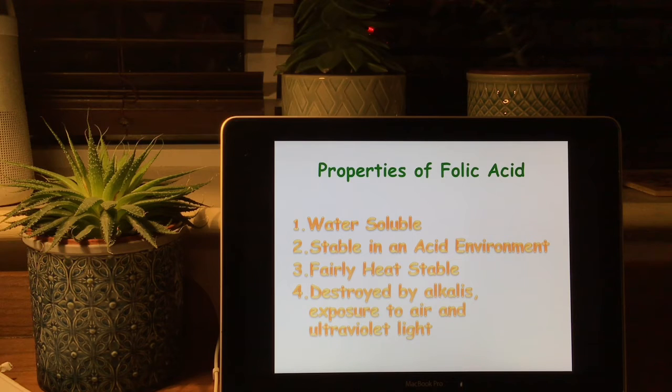It's fairly heat stable, so there is some loss in cooking, but it won't be all lost in cooking. And it's very, very sensitive to light and to oxygen. So that has implications for food storage and for the freshness of food, especially.